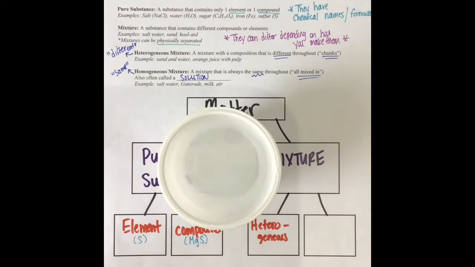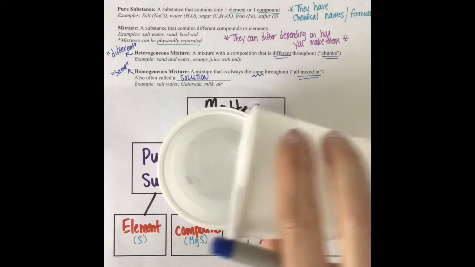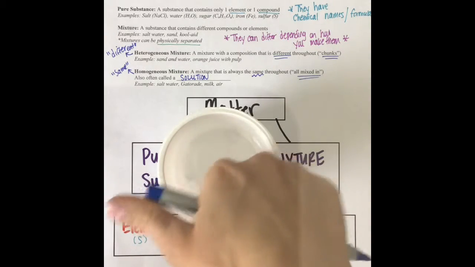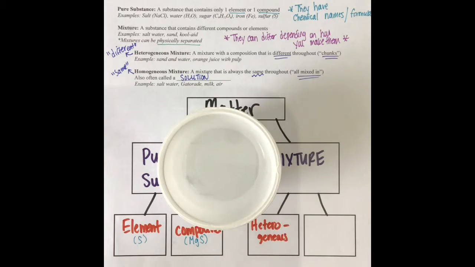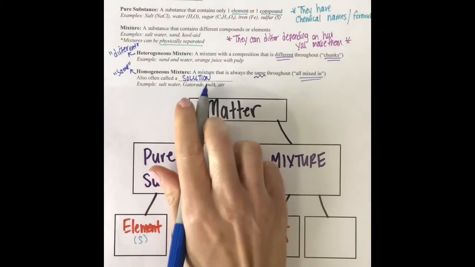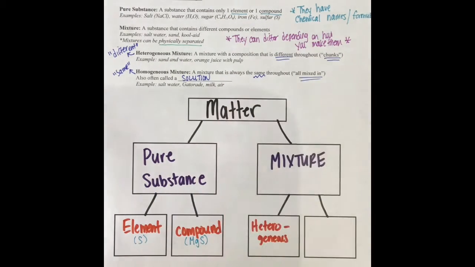If I have my water and my salt and I dump a little bit of salt in there, once it's all mixed together, it's all going to look the same throughout. Gatorade, you can't see any pieces in there. It's a solution. Milk, air is even a solution, or a homogeneous mixture of different gases. Okay, so that's important to know that it's going to look the same throughout.